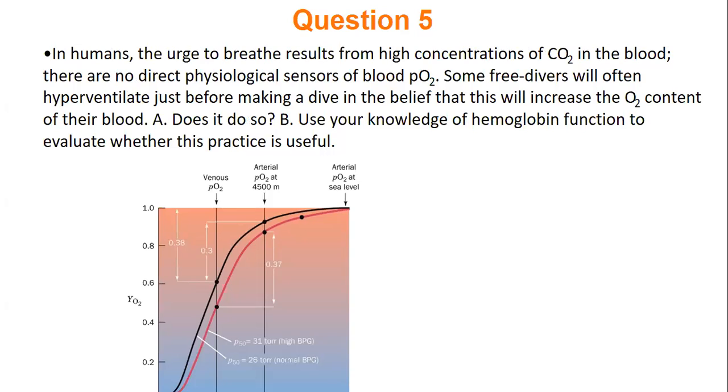Your body has no idea how much oxygen is in your blood. What triggers us is the amount of carbon dioxide in our blood. We do have sensors for carbon dioxide, and when the carbon dioxide in our blood goes high, that's when we feel like, oh no, we need to breathe. Because if carbon dioxide is high, that means oxygen is probably low.